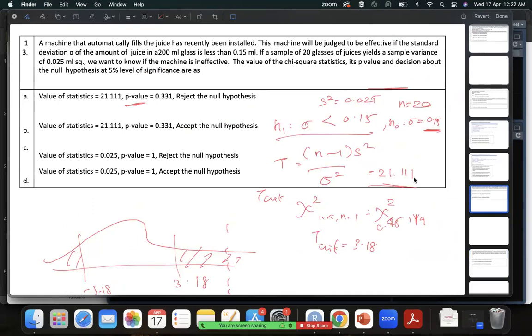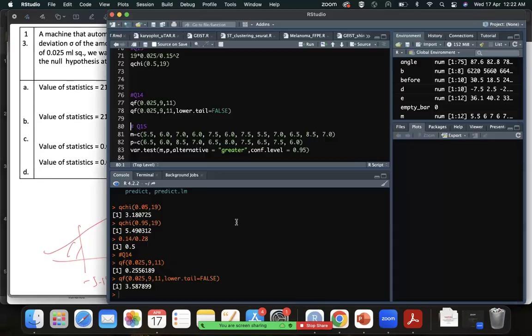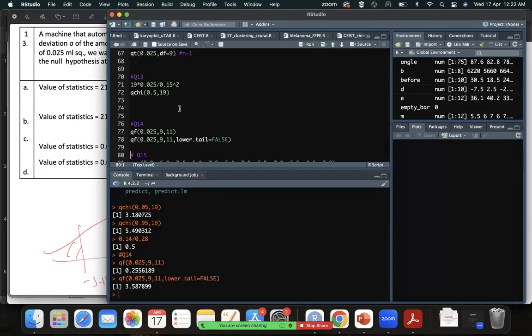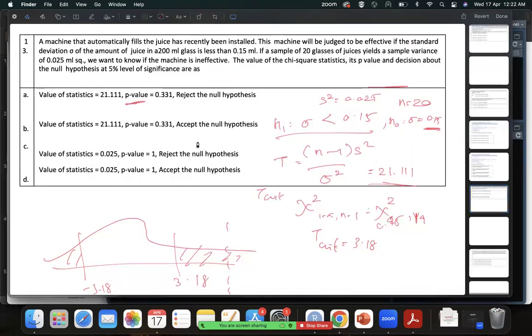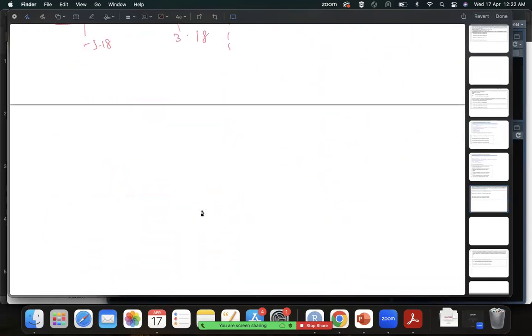I think I'm doing some mistake. 3.18, 21.11, QF. I'm not sure what command to use there.